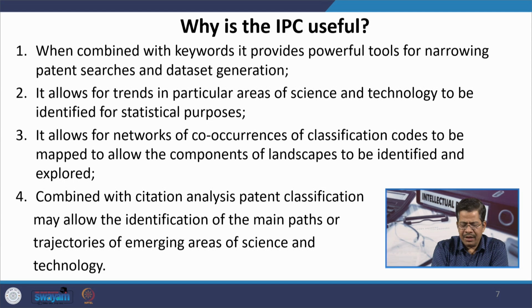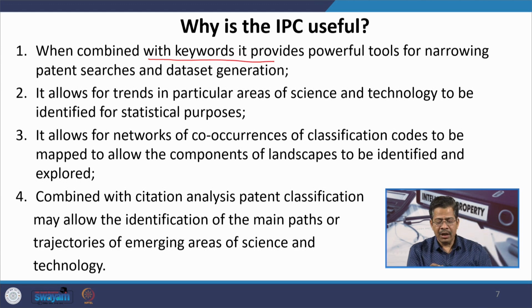Now, again just to understand why IPC is useful: as we just understood, when we use appropriate keywords, it helps you narrow your patent search, and your search becomes more effective.